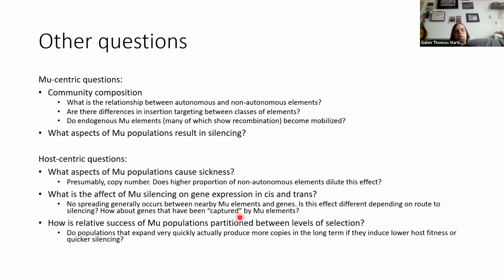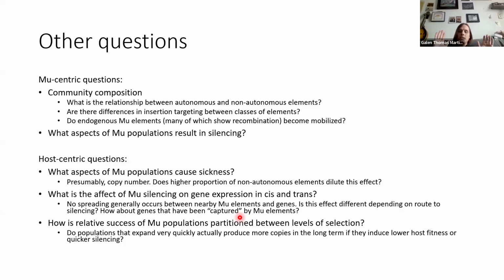Finally, and this is farther down the line, I still haven't worked out how this experiment is going to look, but what I'm really curious about is how the success of mu populations depends on different levels of selection. You might expect that populations that expand very quickly and produce more copies are more successful in the short term by producing a ton of copies.